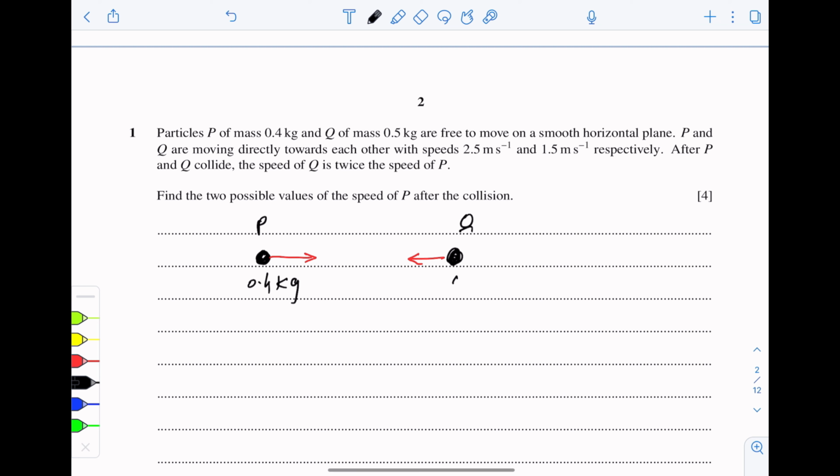Mass of Q is 0.5 kg. Before collision, the speed of P is represented by UP. UP is 2.5 meter per second, and the speed of Q before collision is represented by UQ.